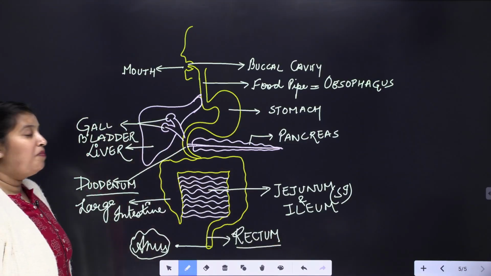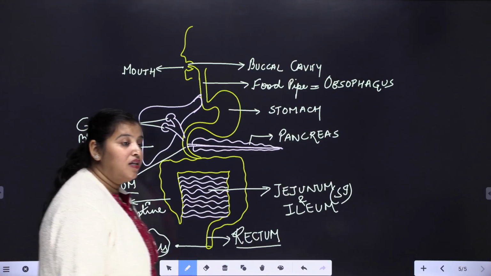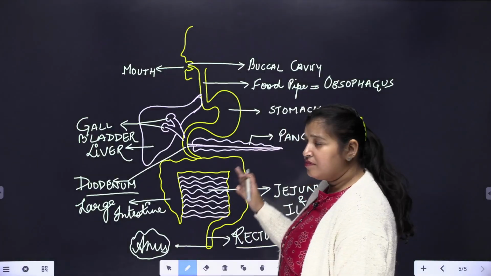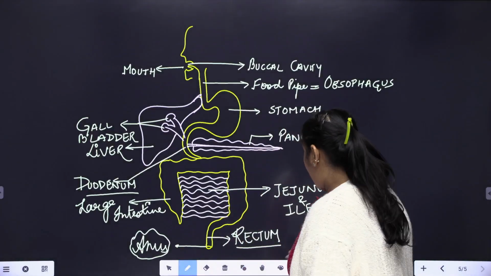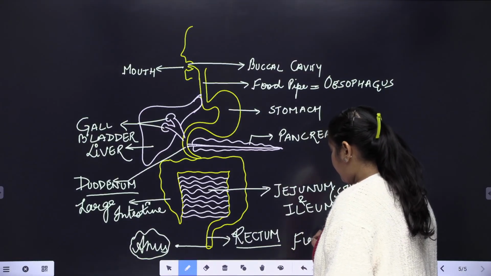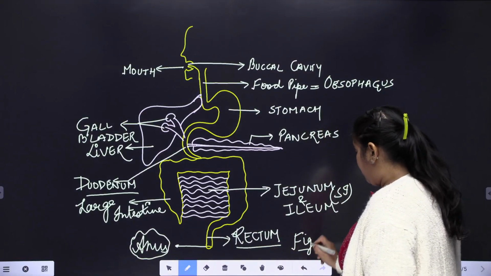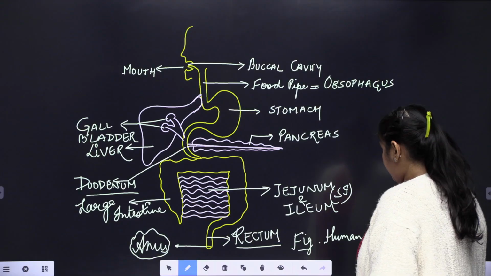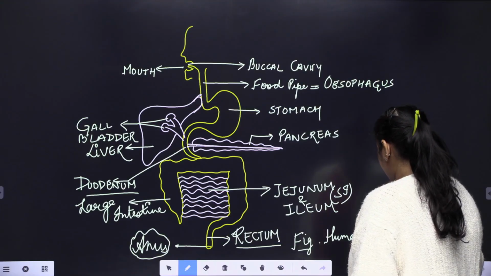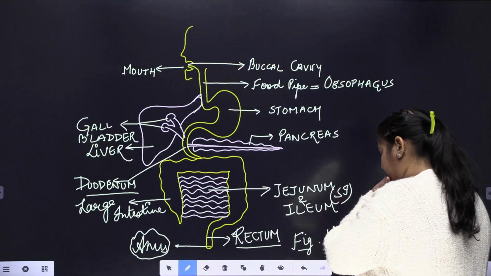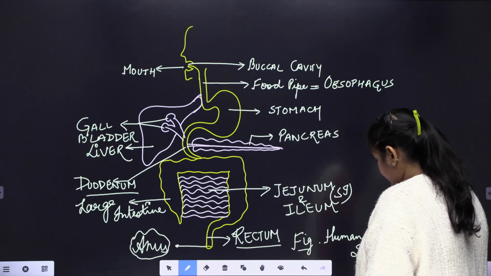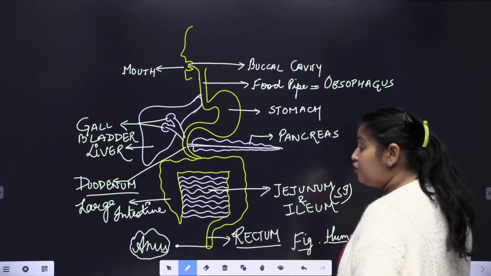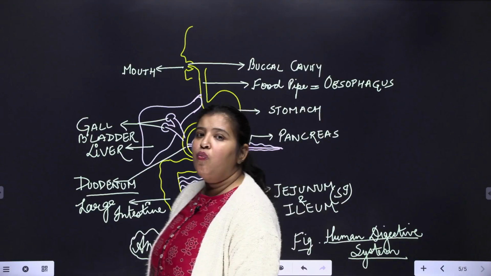So these are different parts of the alimentary canal that you need to label when you are making it properly and perfectly. And please do not forget to tag your diagram. The figure is of the human digestive system. Do not ever forget to tag what you have drawn in reference to which question.